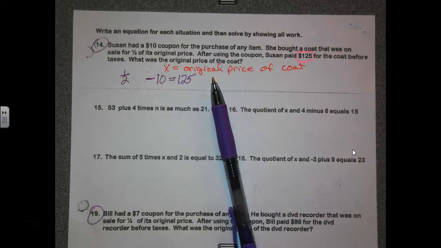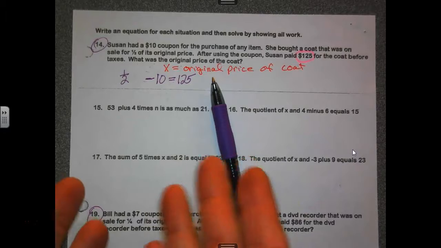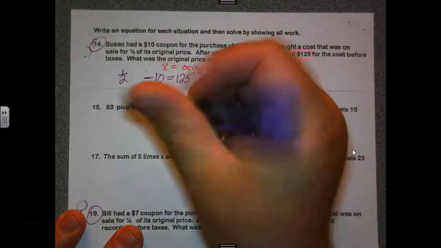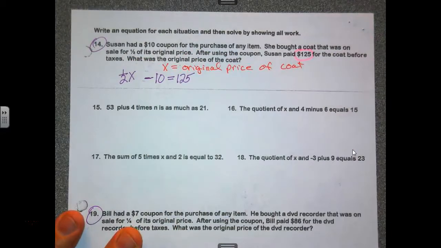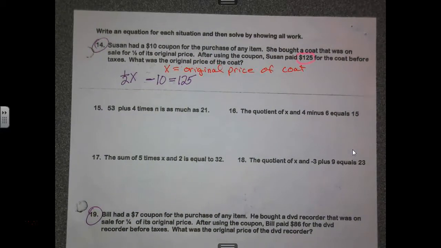What's my original price? I think I heard somebody say it. X. It says it right there. X equals the original price. At least he's trying. Okay, 1/2 x minus 10 equals 125.